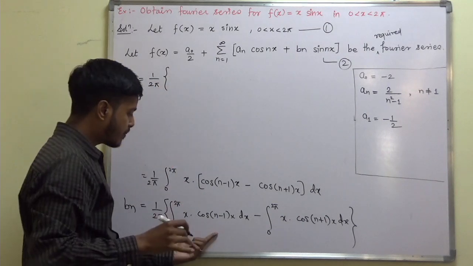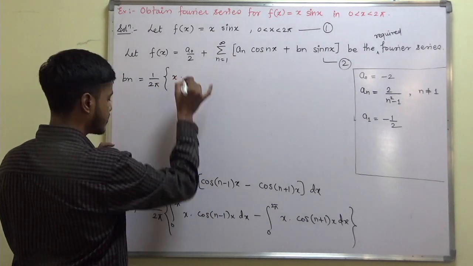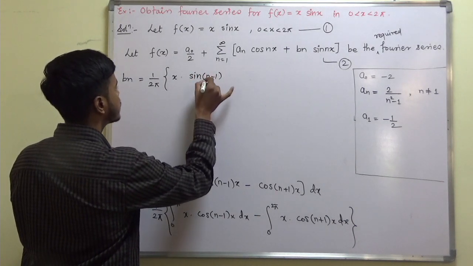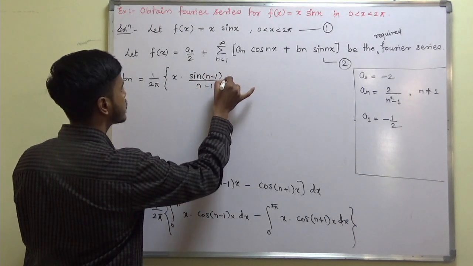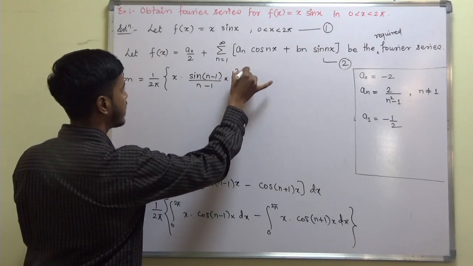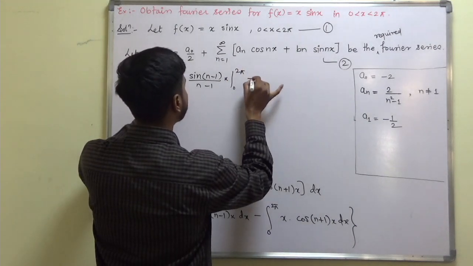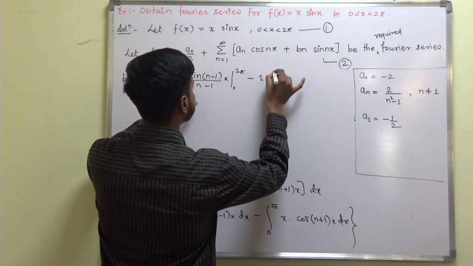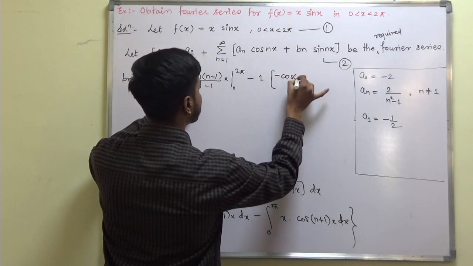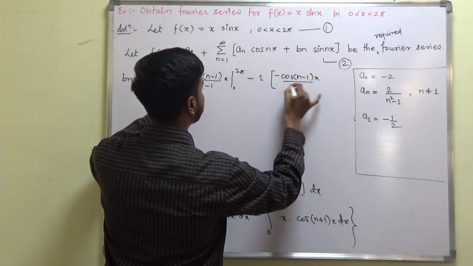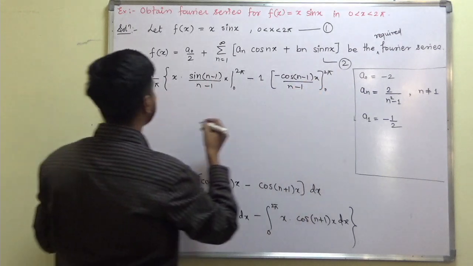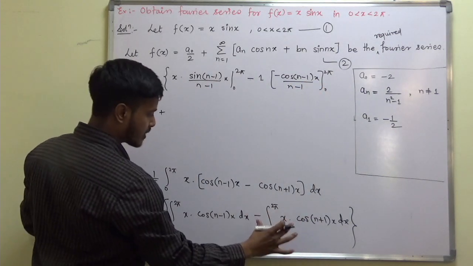Apply integration by parts to this. So this is first function. Integration of cos is sine n minus 1 x upon n minus 1, 0 to 2 pi. Then this is minus 1 into integration of sine is minus cos. So minus cos n minus 1 x upon n minus 1, 0 to 2 pi. Now integration by parts to this.